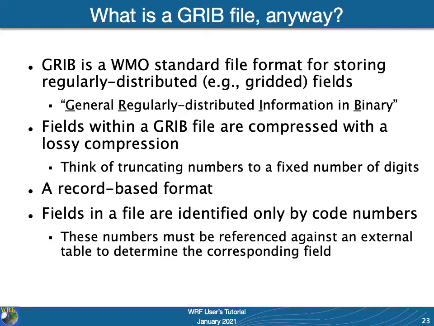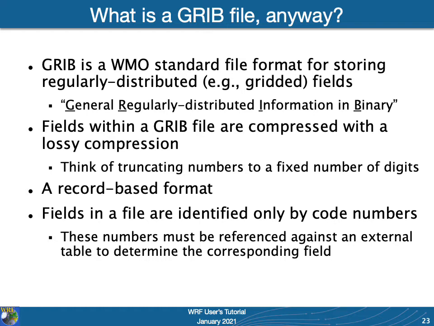Now, grib is a record-based format, so it means, for example, that you can take two grib files and concatenate them together to get one big grib file that contains the union of all of the fields in the two original files. It also means that it's possible in principle to process individual records or fields from a grib file. Importantly for our discussion to come, the fields in a grib file are only identified by code numbers.